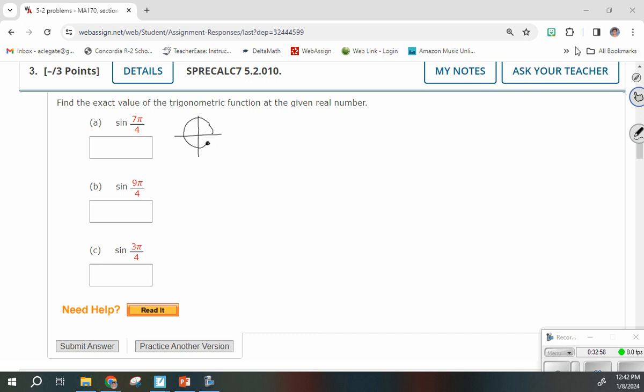This is 1 3/4 pi, right? So we're 1 3/4 of the way around the unit circle. So fourth quadrant. Is sine positive or negative in the fourth quadrant? Negative. So this is minus sine of what would be the reference number? Just pi over 4. So what would that give me? Negative square root 2 over 2.